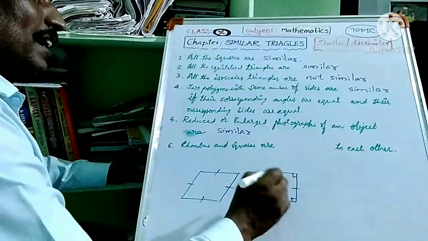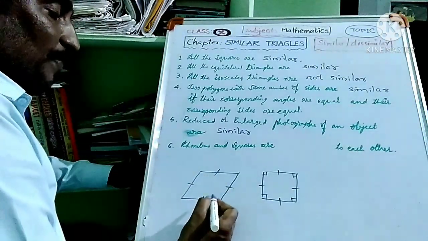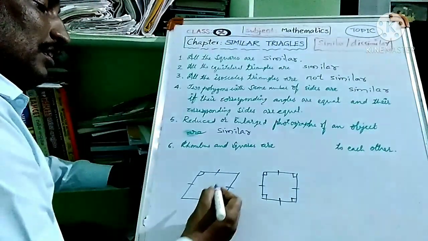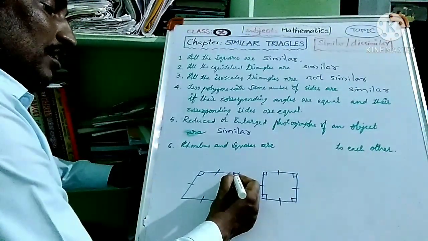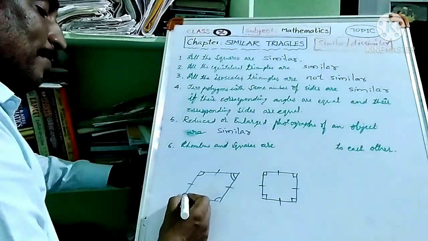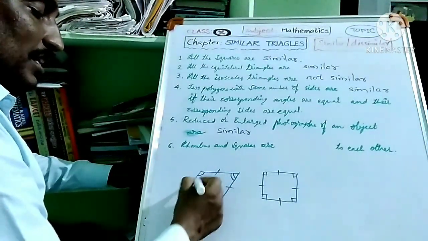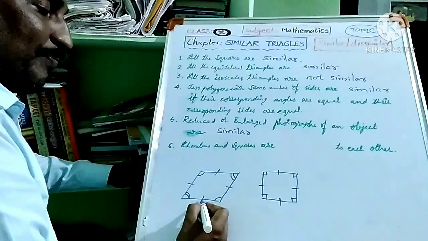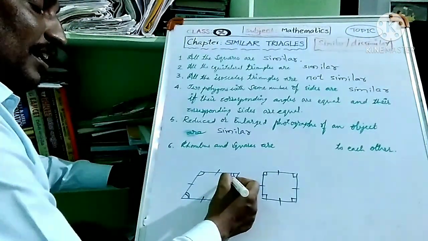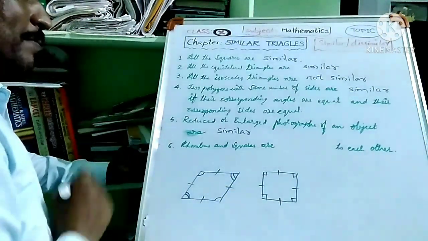That means all are right angles only. But in a rhombus, if you observe, opposite angles are equal, and the adjacent angles are supplementary. Means the sum of these two is 180, the sum of these two is 180. Opposite angles are equal, and adjacent angles are supplementary.